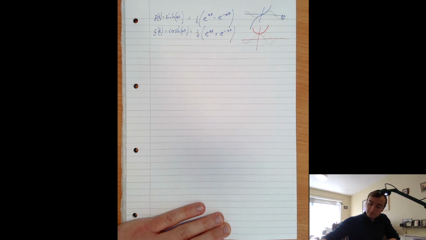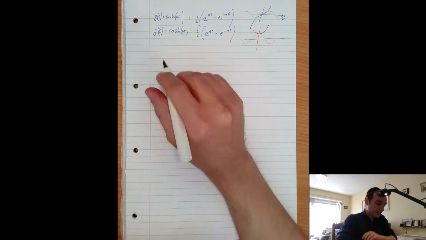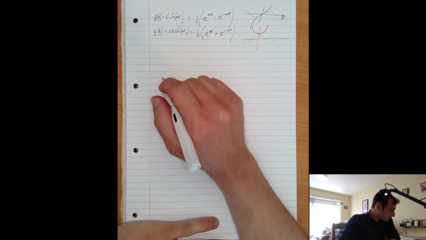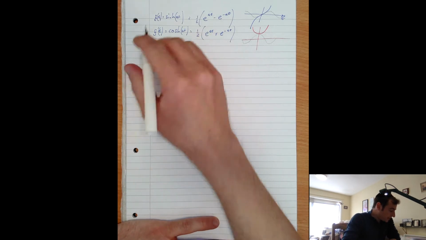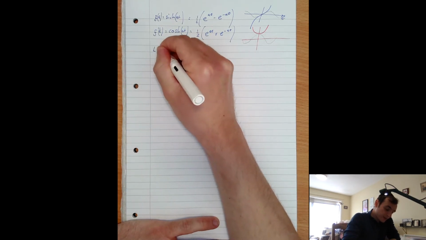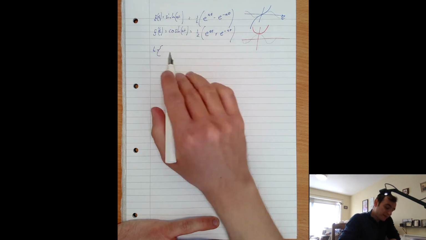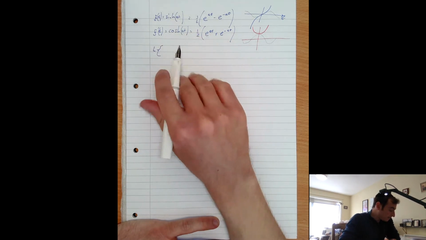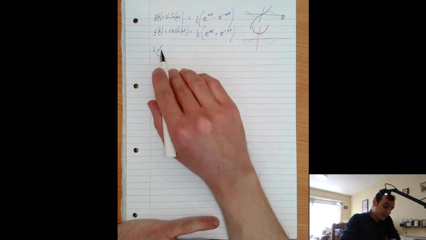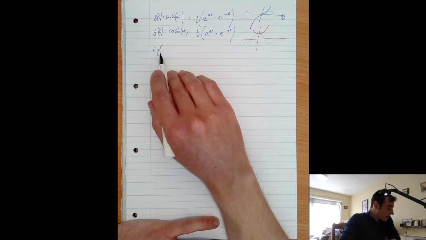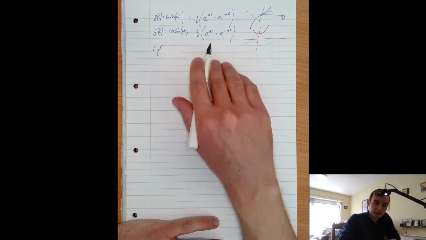So let's have a look and see if we can find what the Laplace transform of these functions are. Now, one property of Laplace is its linearity. If we have two different functions, say f of t and g of t, the Laplace transform of both will simply be the Laplace transform of the first function plus the Laplace transform of the second function.